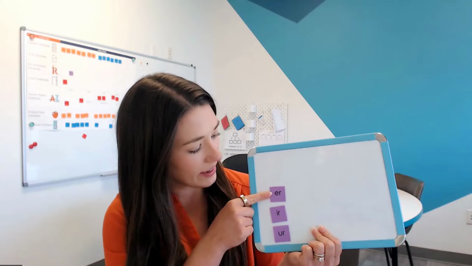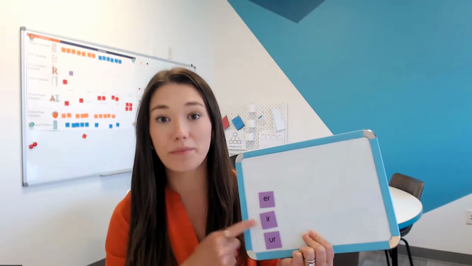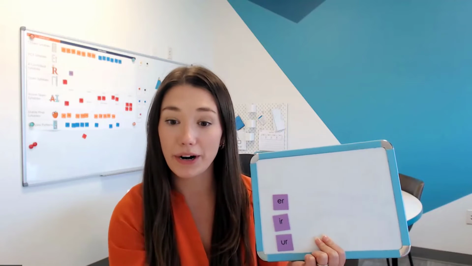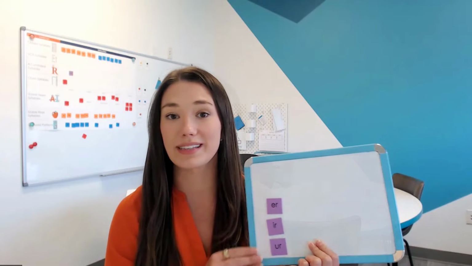ER is going to be the most common at the end of multi-syllable words like spider. IR is going to be the least common, but we do still hear it in words like bird, and UR will be right there in the middle in words like turn.